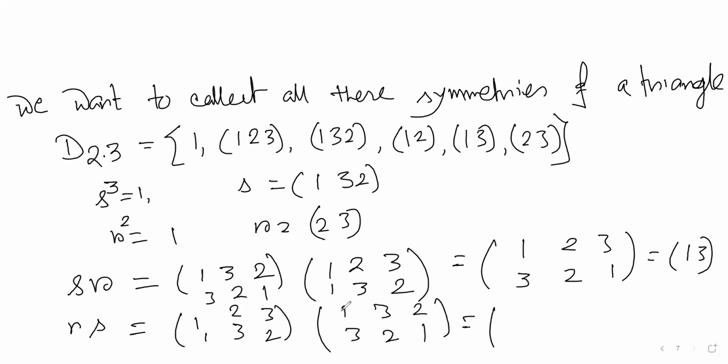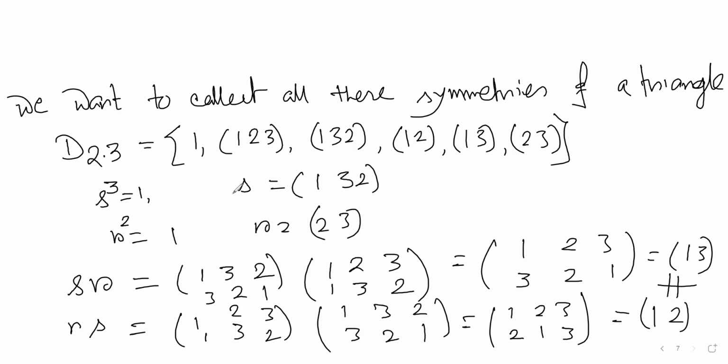What do we have then? 1 goes to 3 and 3 goes to 2. 1 goes to 3, 3 goes to 2, 3 goes to 2, 2 goes to 3. So we actually have (1 2). These are not equal, right? Fine.